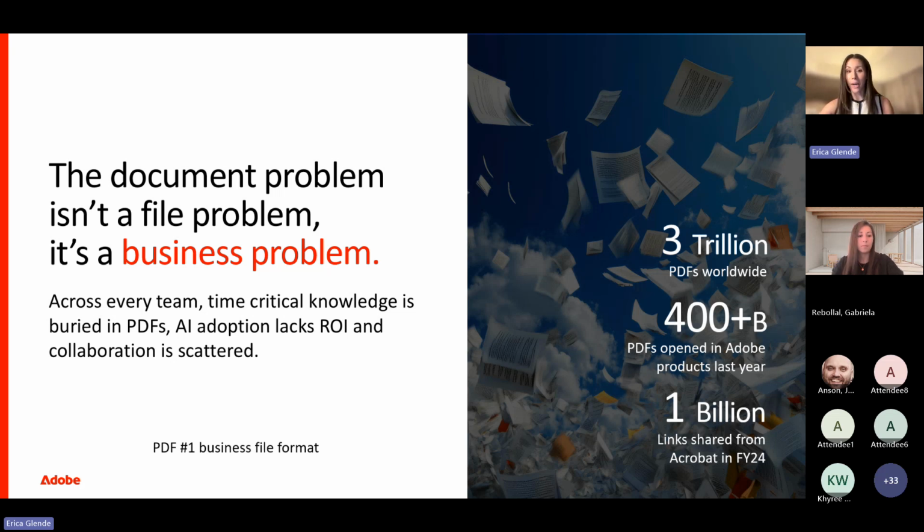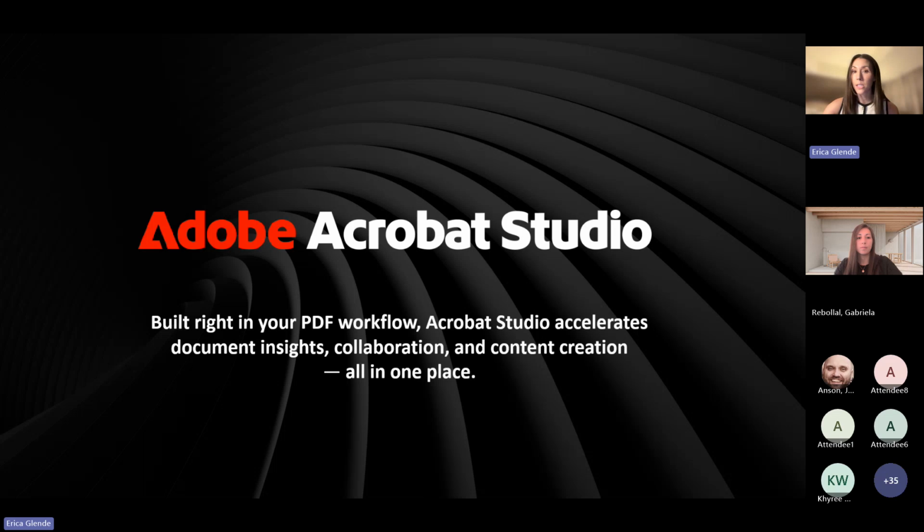So documents are everywhere, but the way that teams work with them is long overdue for a change. This business problem that we see can be solved with the new Acrobat Studio. Acrobat Studio was built to address the problems that we see across our user base.